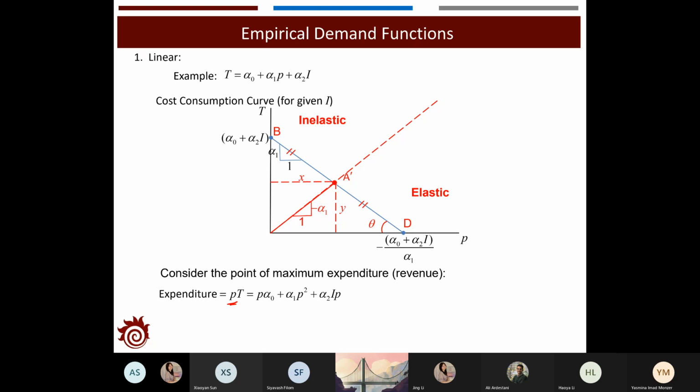If we want to find the maximum value, just find the first derivative of the expenditure with respect to the price. Then we can quickly find that the optimal value of P to maximize the expenditure is minus alpha 0 plus alpha 2I divided by 2 times alpha 1. And it's exactly the midpoint that we selected from the straight line.